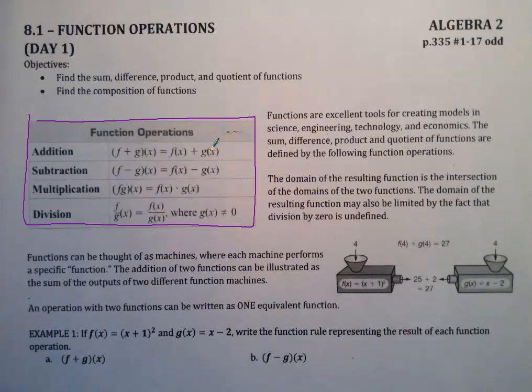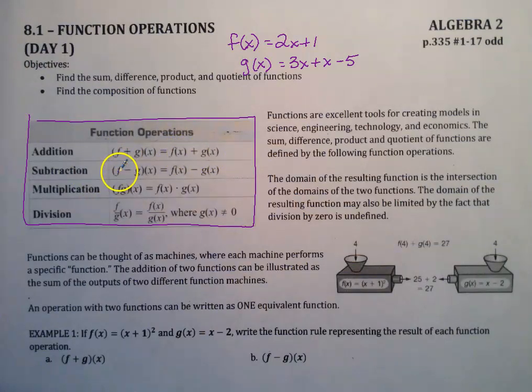Usually those are two different equations. So f of x might be 2x plus 1, where g of x might equal 3x minus 5. So this is telling us how to combine them.